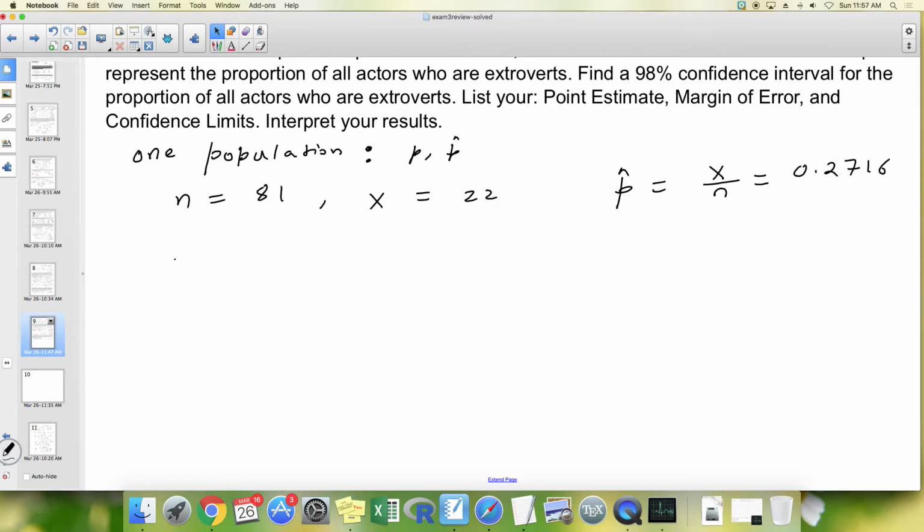So the point estimate, not point estimate of mu, in this problem there is no mu, so the point estimate of p is p hat, which we know is 0.2716. Next, margin of error.